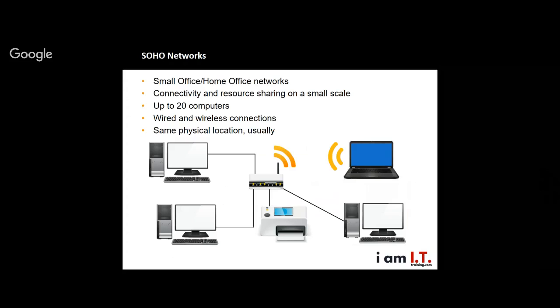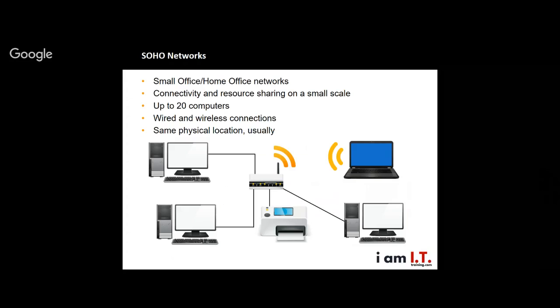So maybe a few computers, laptops, a few cell phones, but 20 devices or less is usually considered a SOHO environment. And usually this is a place where you're sharing files and resources, as well as having centralized management for email and different online services, maybe even faxing if you're still using that.